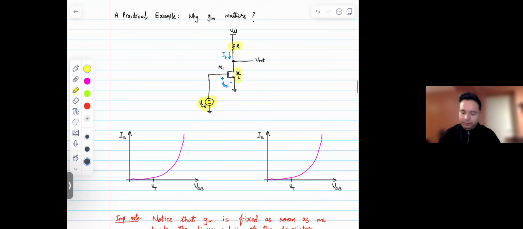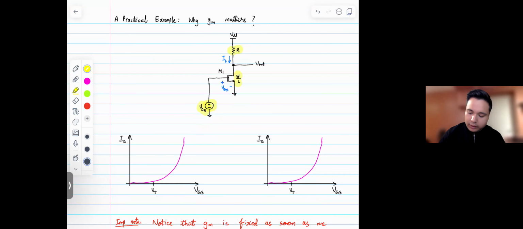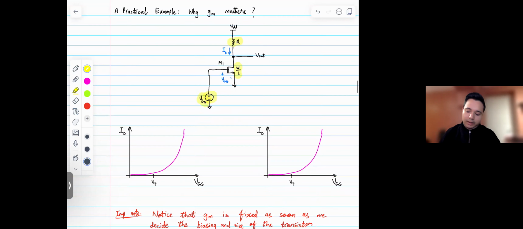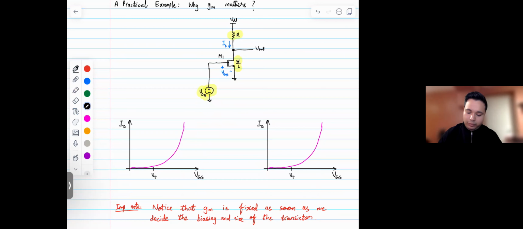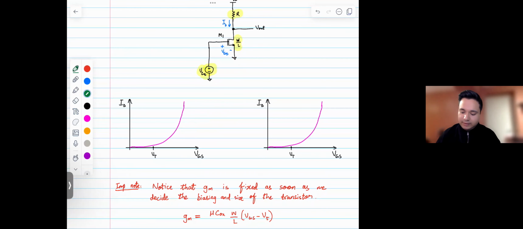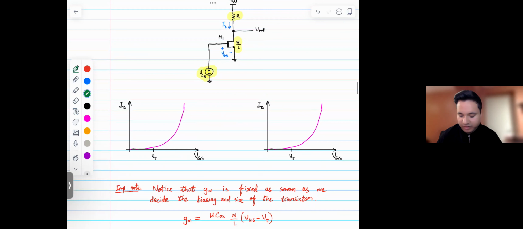Now if I have the W by L fixed, and I've decided the value of the resistor and the value of the VGS, then you would think that we have an operating point that is now fixed on this ID VGS curve, because we have fixed the VGS and we are getting a certain ID.